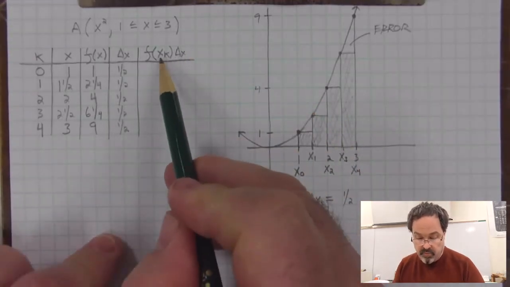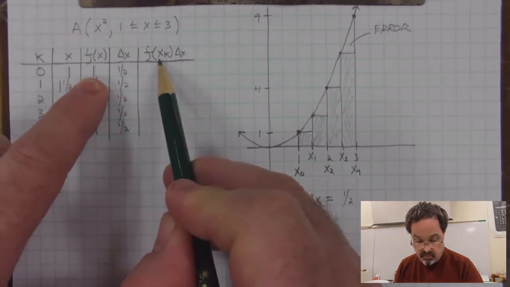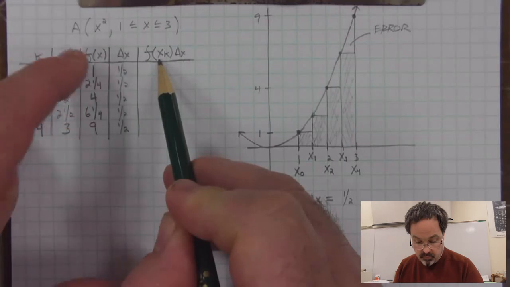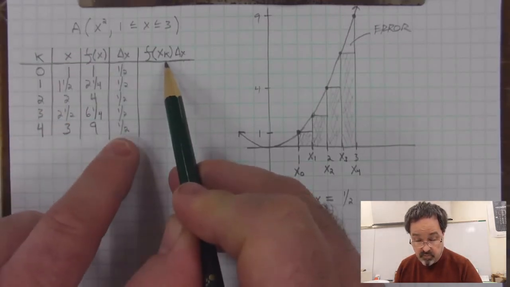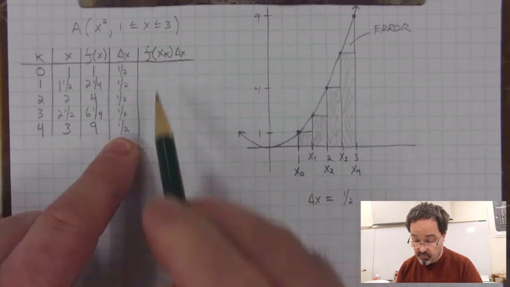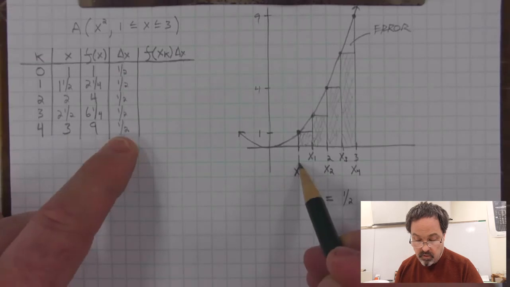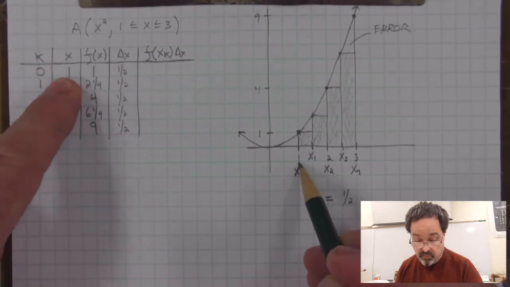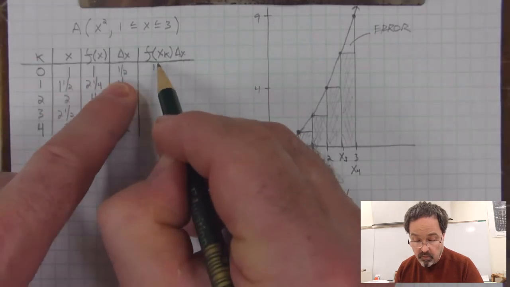The values that will be the heights is this list here, 1 through 9, with k values 0 through 4, and delta x is the 1/2. So the first rectangle has a height at x sub 0, which is found by putting 1 into the function, and it produces an area of 1 times 1/2, or 1/2.